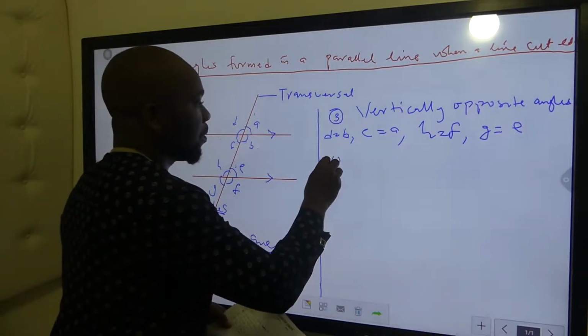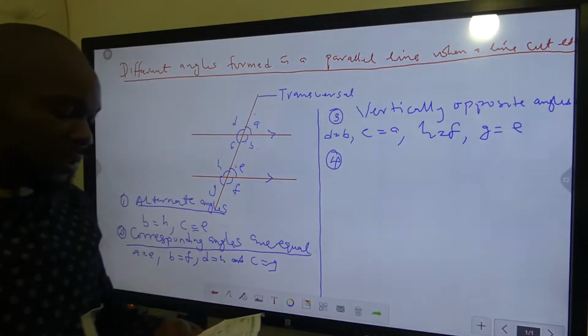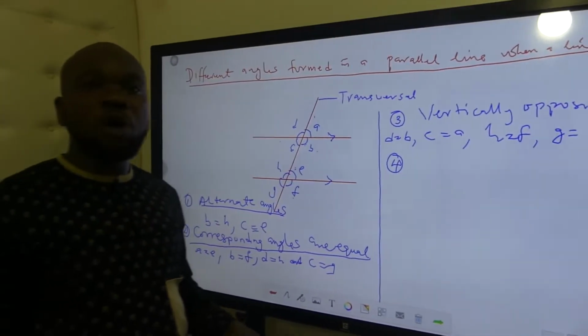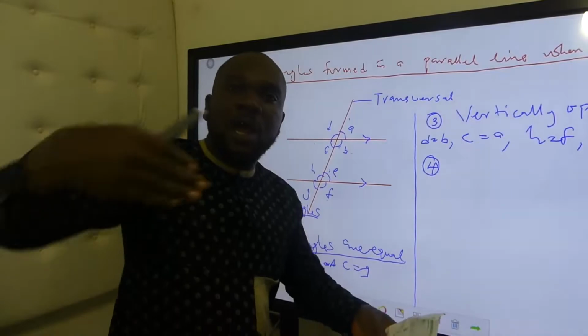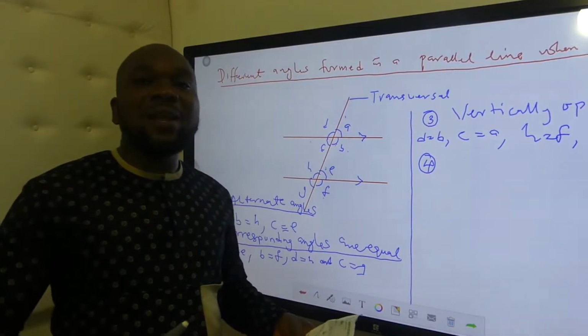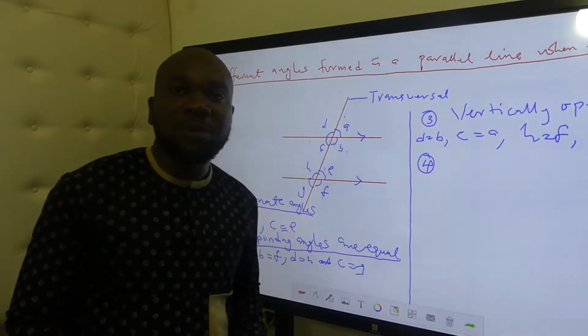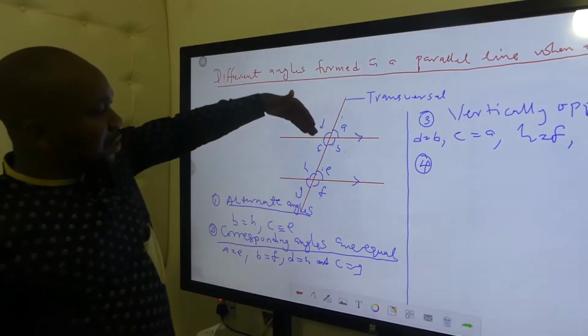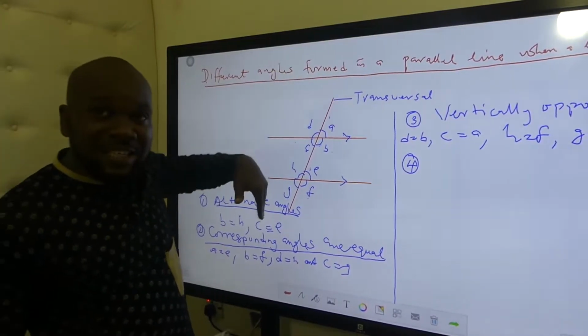Number 4 says the sum of two interior angles of parallel lines are supplementary. Interior means angles inside.